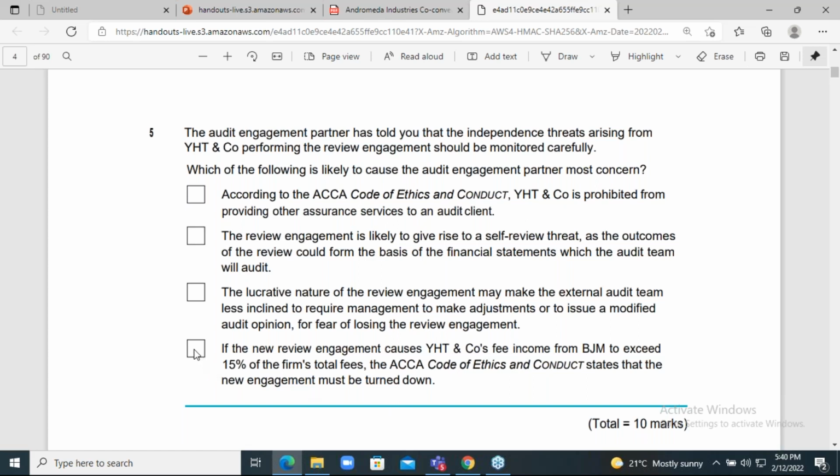So if someone clicks this option, he has no clue about the self-interest threat and intimidation threat, and he has not read the book. And option A, saying that HTCO is prohibited from providing other insurance services, is completely wrong. There are some safeguards that could be in place, and after these safeguards, we can apply different review engagements. So A and D are incorrect.